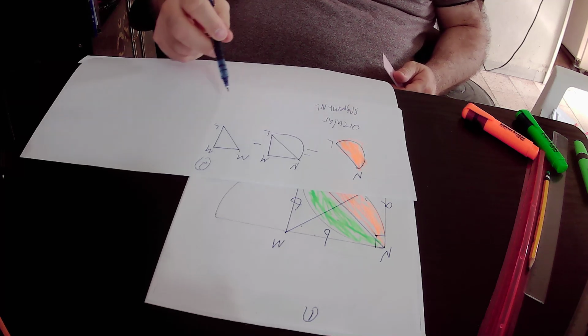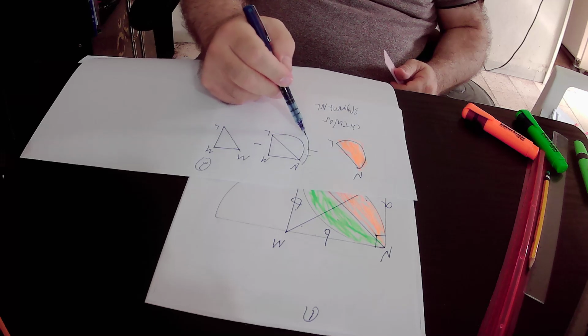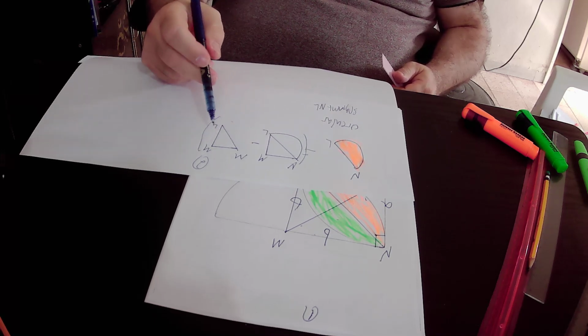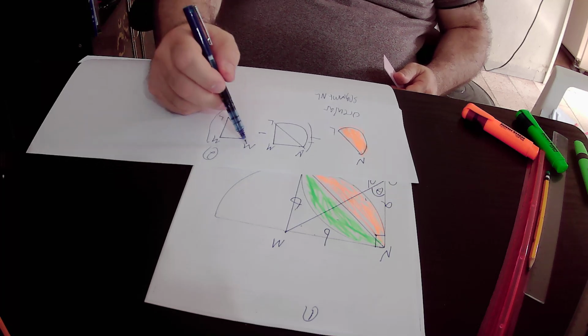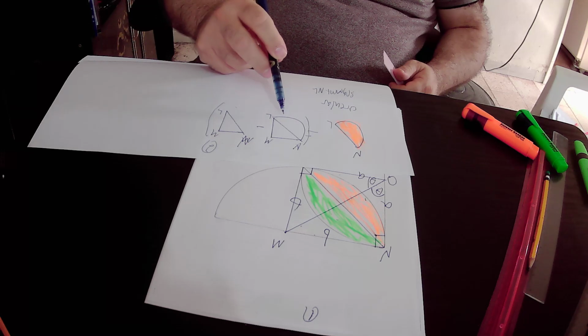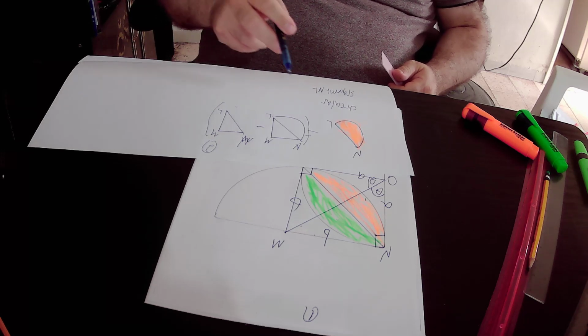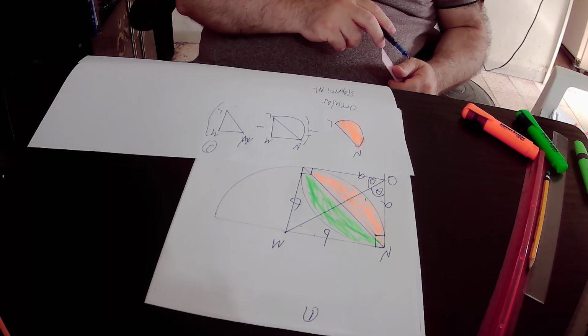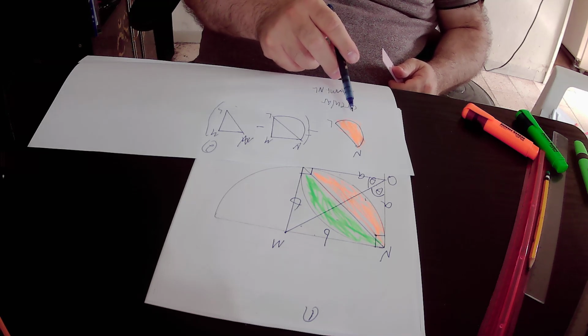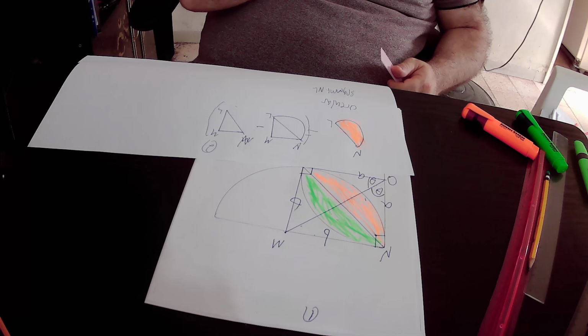It's very easy to see from the drawing that if you subtract the area of triangle NML from the area of sector NML, we get exactly the area of this circular segment NL.